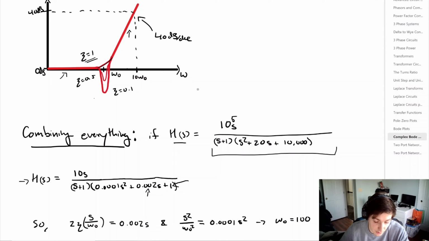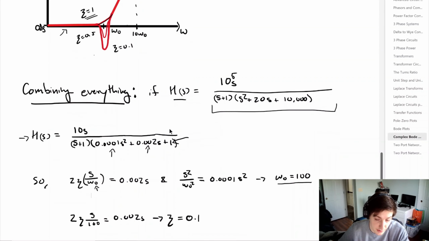We can say that s squared divided by omega naught squared is going to be equal to 0.0001 s squared. And from this, we can simply say that omega naught is equal to 100. Now, once we know that omega naught is equal to 100, we can plug it in here, and that allows us to find our zeta value, where zeta is simply equal to 0.1.